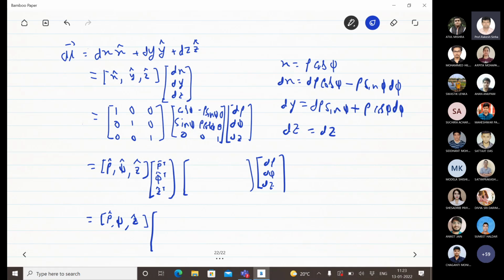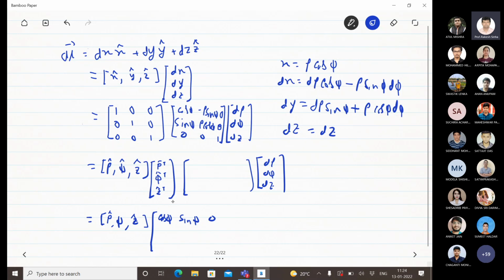The rho vector is cos phi, sin phi, 0, so you write cos phi, sin phi, 0.